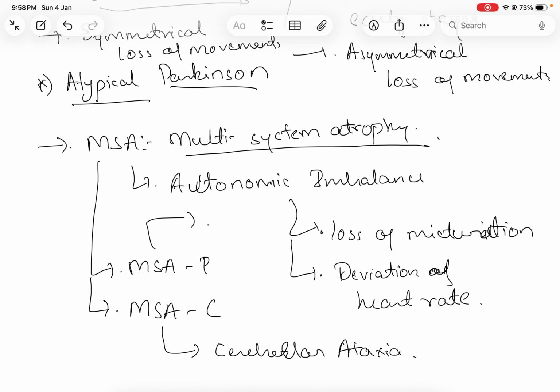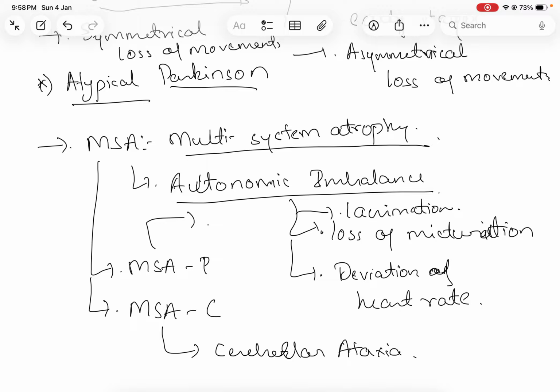The first subtype which we are going to talk about is MSA, which is multisystem atrophy. In multisystem atrophy, we usually see autonomic imbalances in the patient, where there will be deviation of heart rate, or it may present as a loss of micturition, and even in the case of lacrimation, where there will be excessive secretion of water in the eyes, or watery eyes.